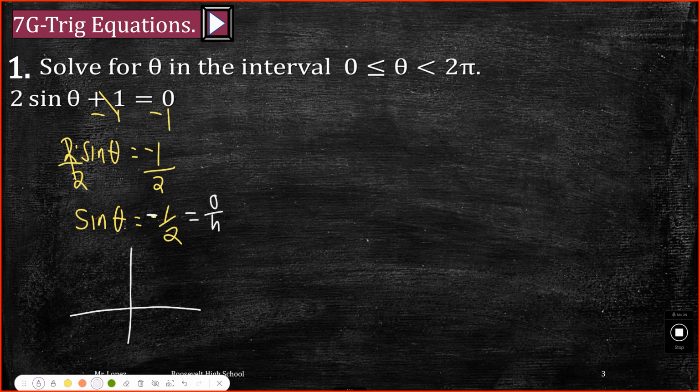So the opposite is going to be -1, so where is it at right here. So the opposite is 1, and this is 2. So what is this angle that gives you this? What is this angle?